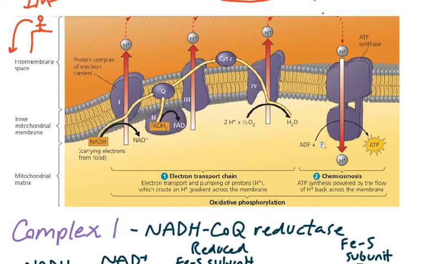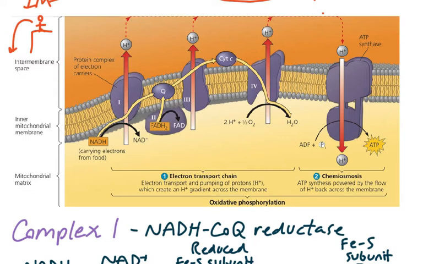These guys are like best friends. They really want to stay together, and we just separated them. So the protons are going to want to get back to their electron friends, and the only way they can do it is through an enzyme called ATP synthase. ATP synthase is going to harness all that potential energy that's slowly going away as each proton crosses the membrane back to the matrix, and it is going to phosphorylate ADP and make ATP.